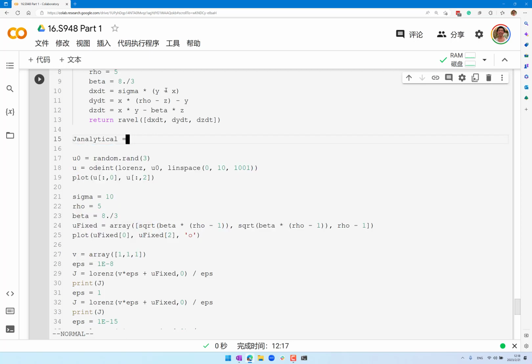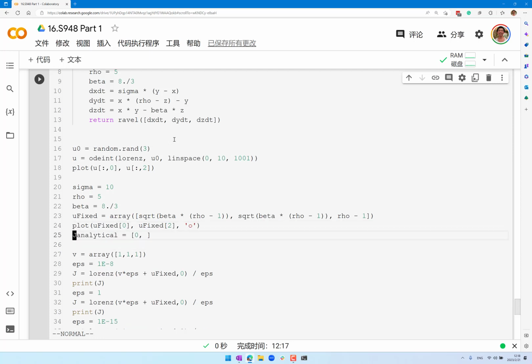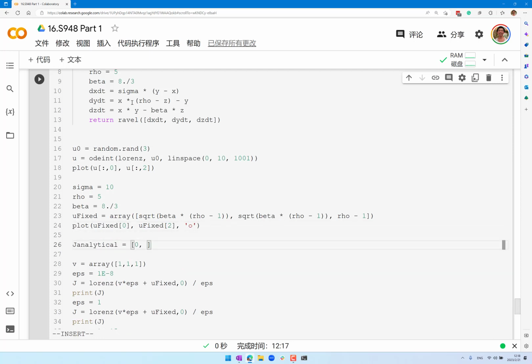So j analytical is going to be equal to, let's first look at the first equation, right? When x and y are perturbed the same amount, the dx dt is going to be perturbed by 0, right? Because they cancel out. And the second equation, when x, y, z are perturbed by the same amount, it's a little bit different. So actually, let me put the derivation here because we need the u fixed. So when x is perturbed by something, dy dt is perturbed by rho minus z fixed.